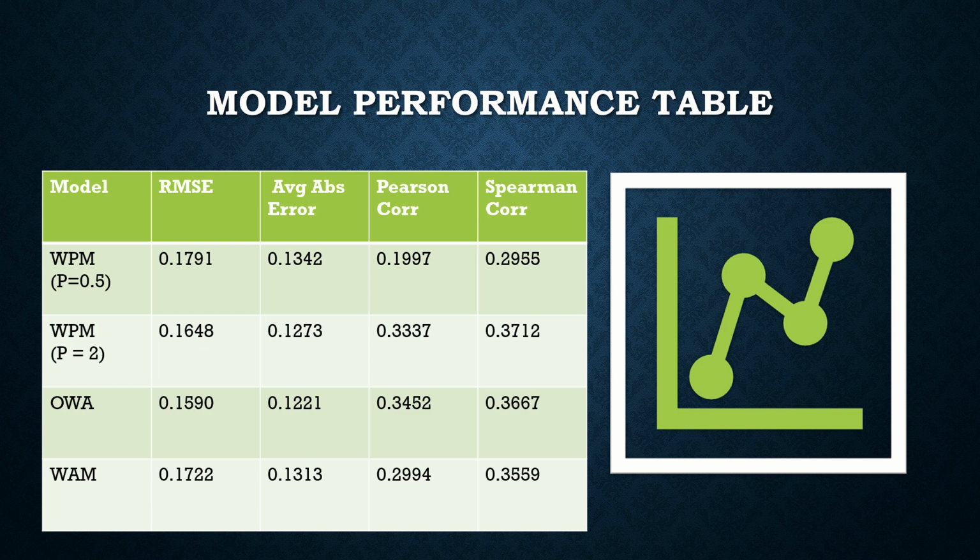WPM with P equals 0.5 gave a slightly higher error, while P equals 2 emphasizes larger values, as you can see in the table. OWA gave the best overall result with an RMSE of 0.17159 and the highest correlation of 0.45.